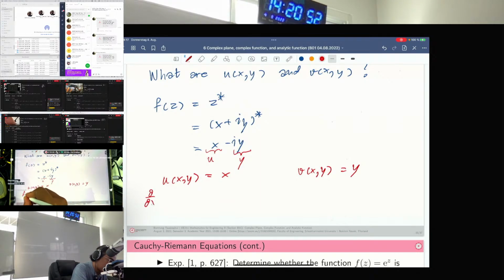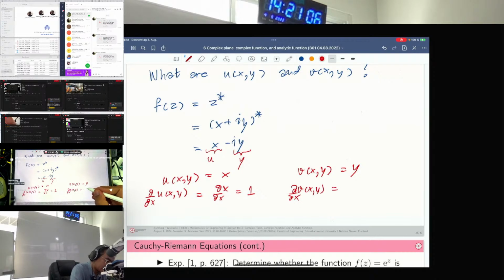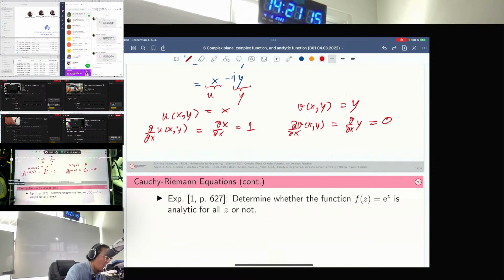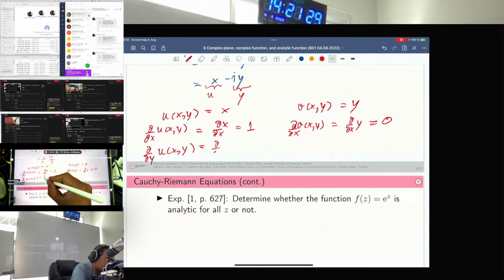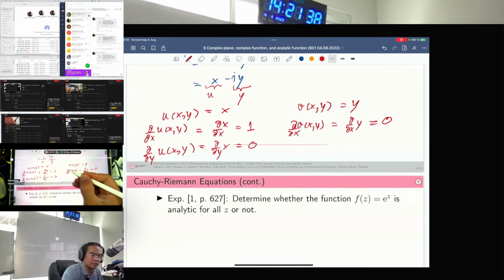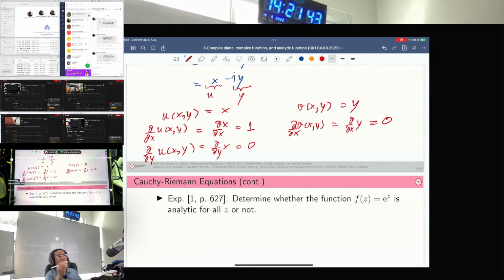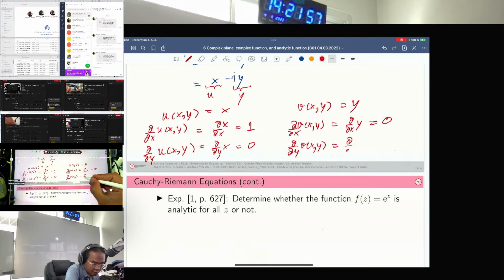The partial of u with respect to x will be the partial of x with respect to x, which is 1. The partial of v with respect to x is the partial of y with respect to x, and that's equal to 0. The partial of u with respect to y is the partial of x with respect to y, which is 0, and the partial of v with respect to y is the partial of y with respect to y, and that's equal to 1.